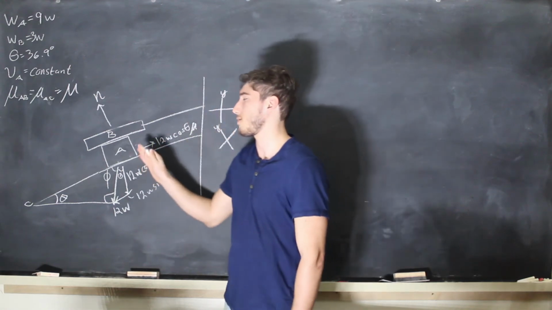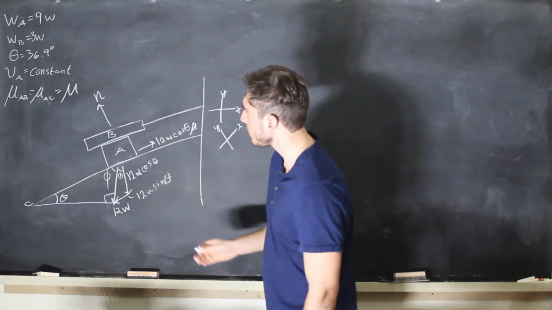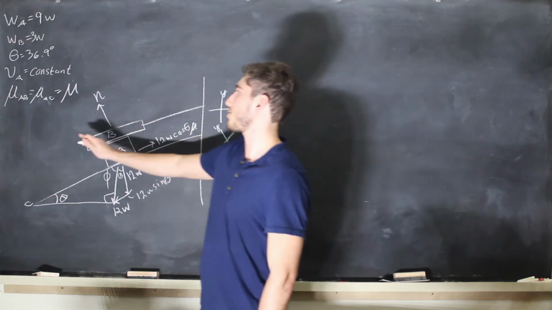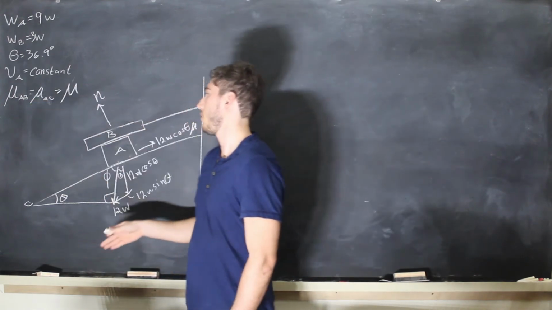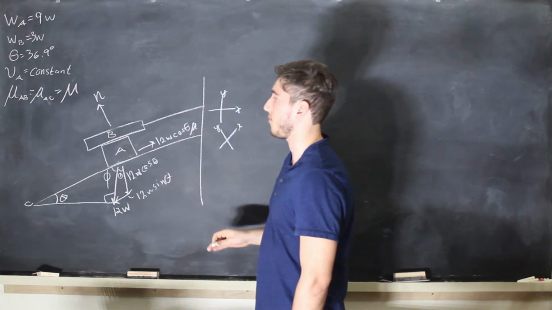Now there's also a friction force between A and B. And pretty much the coefficient of friction between the two surfaces is interchangeable.